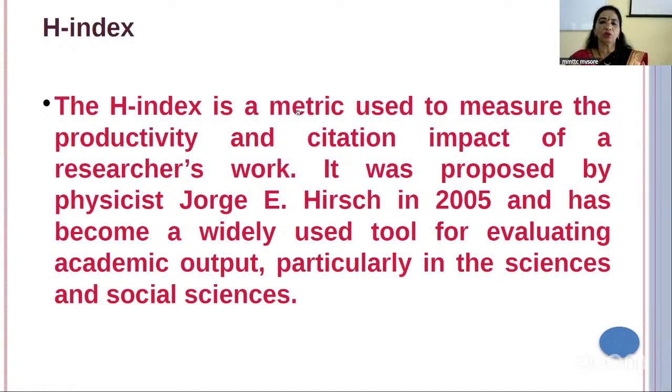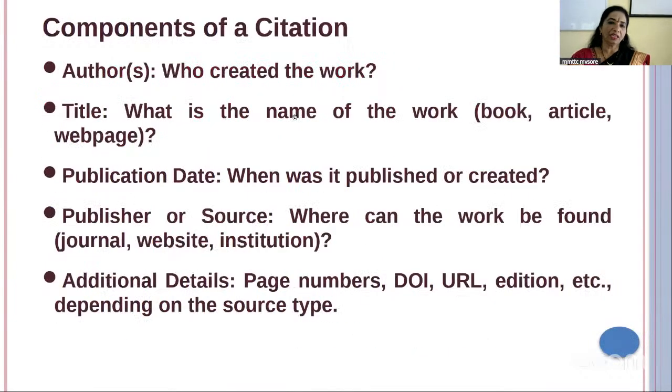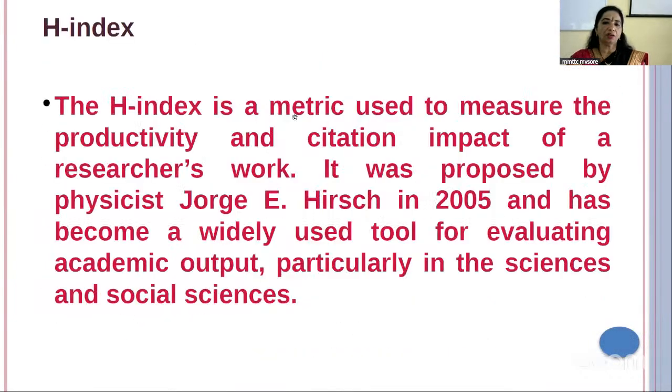Okay, so I told you my H index is 16, right? So what do I mean by H index? H index is a metric used to measure the productivity and citation impact of a researcher's work.